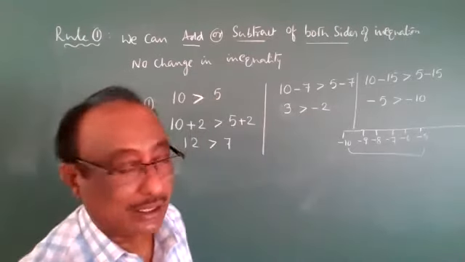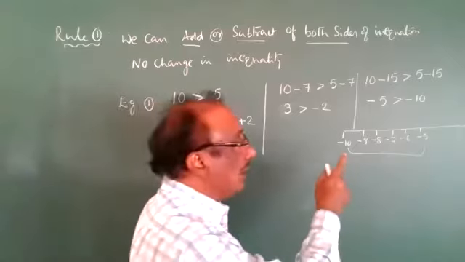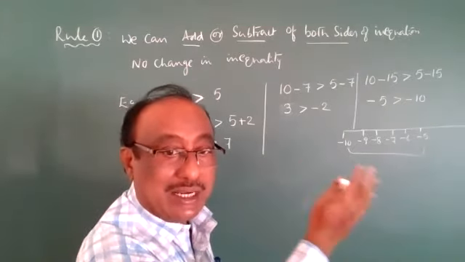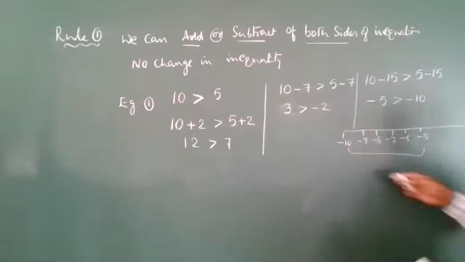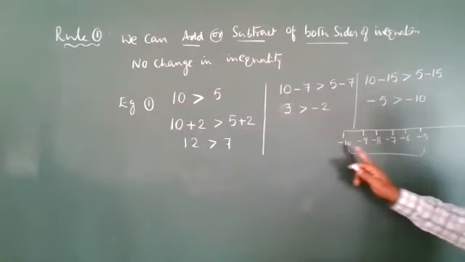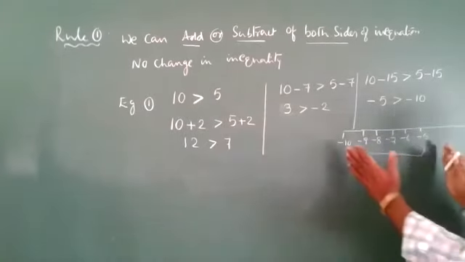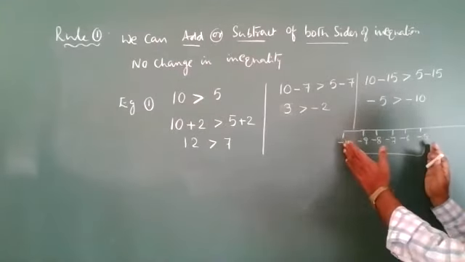Right, so always remember: for negative values, the left side is the smaller and the right side is the greater. Minus 10 is on the left side, minus 5 is on the right side. Left side is always smaller.